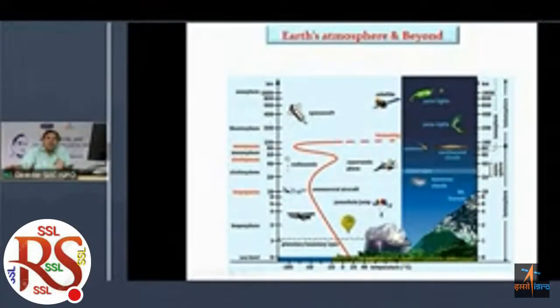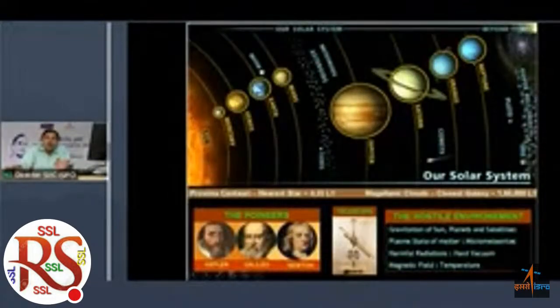That is beyond that, but all these activities will need communication as well as navigation. That is the importance of communication and navigation, not only for our Earth missions, but for the missions we send to Mars or Moon or Venus or Saturn. America and Russia have sent missions to Jupiter, Saturn and Uranus also.